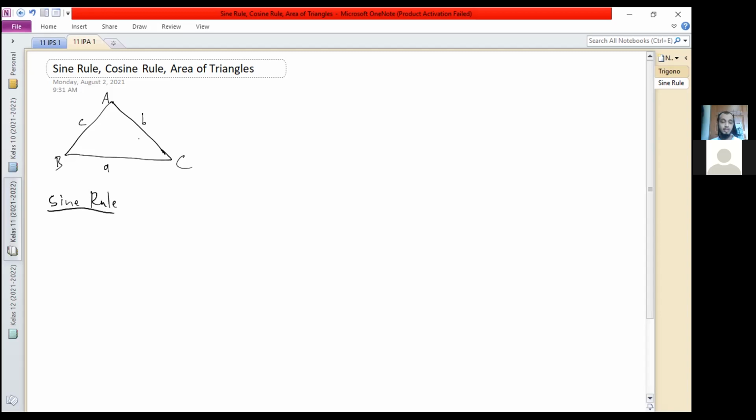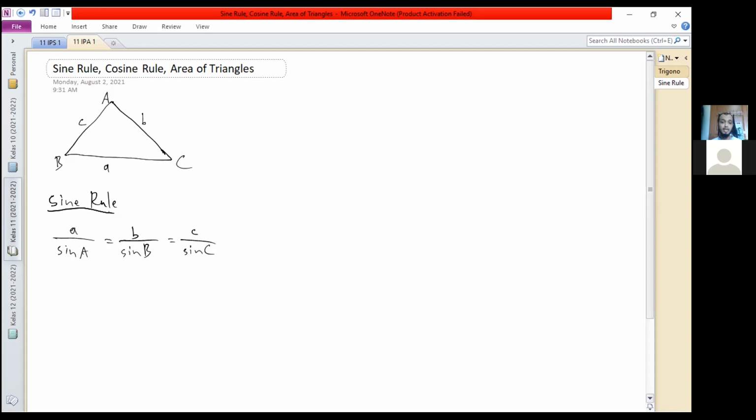It says that the ratio between a side and the sine of the opposite angle is always constant. In equation, a divided by sine A equals b divided by sine B equals c divided by sine C. This is the sine rule.